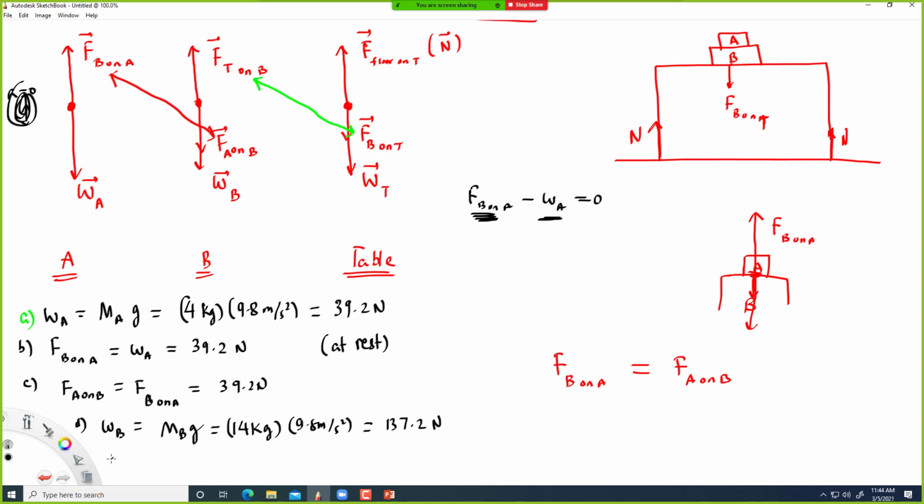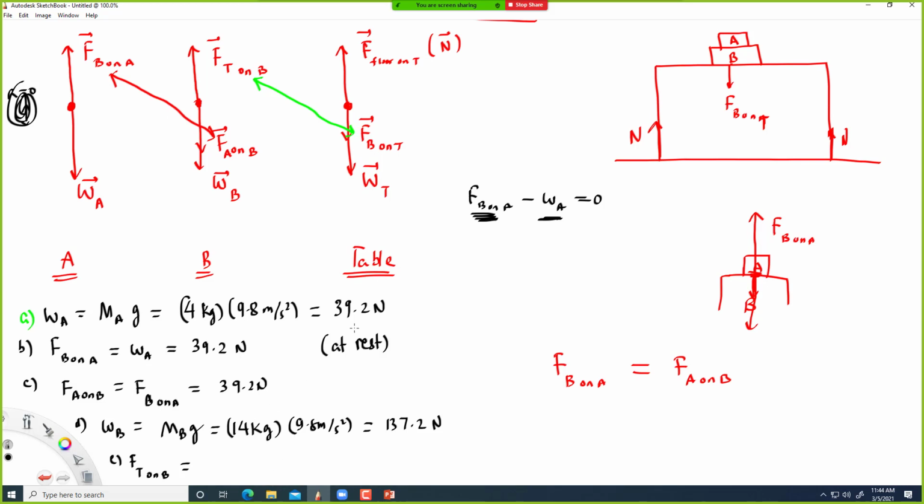And E, force of table on book B. So what's that?